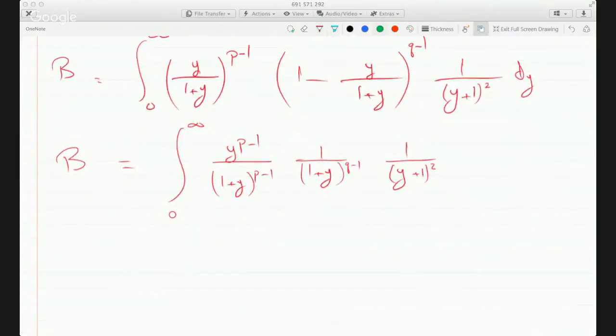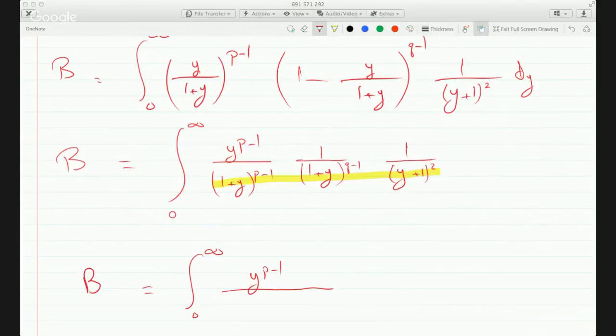And now what I could do, I could combine all of these together because they're all the same. So we would get beta equals the integral from 0 to infinity of y to the p minus 1. Just add the powers. You have p minus 1 plus q minus 1 plus 2.